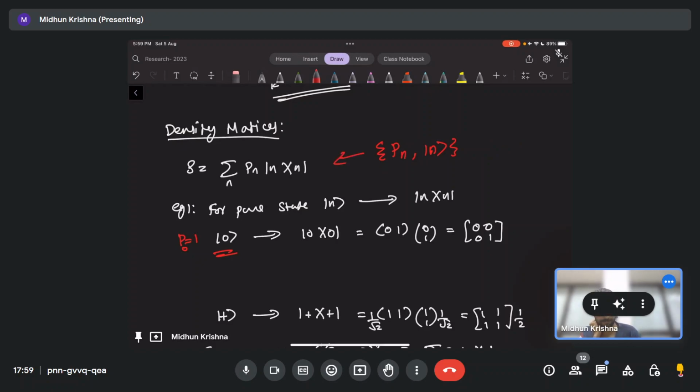Here it's 1 times the outer product of |0⟩ with ⟨0|. So for pure states, the density matrix is just the outer product of the state with itself. We represented this state as the vector (1, 0).